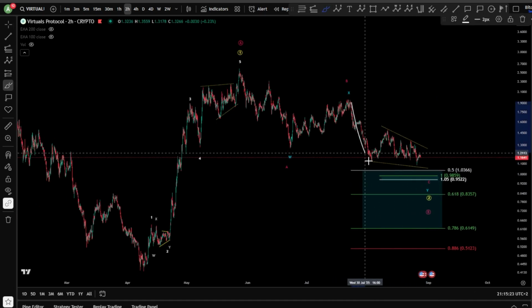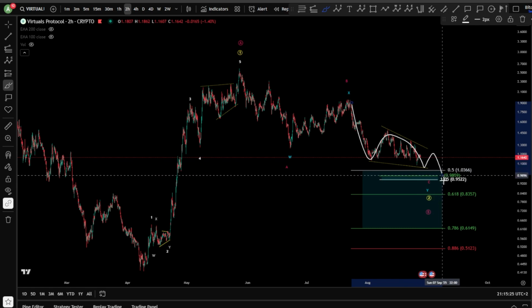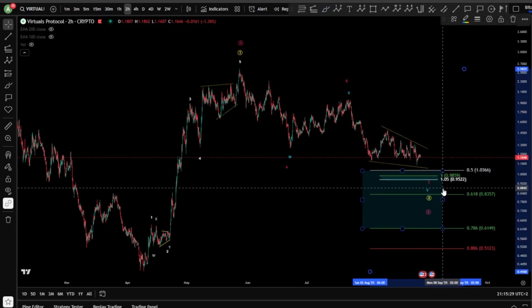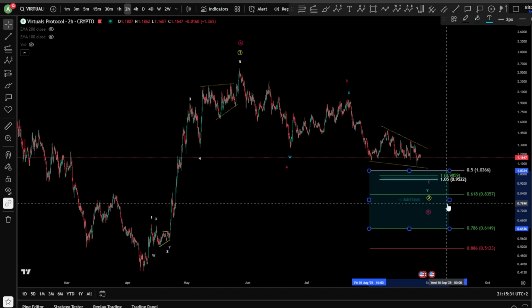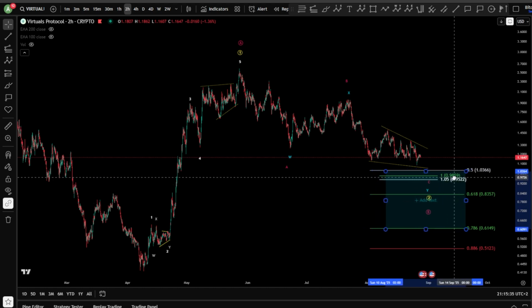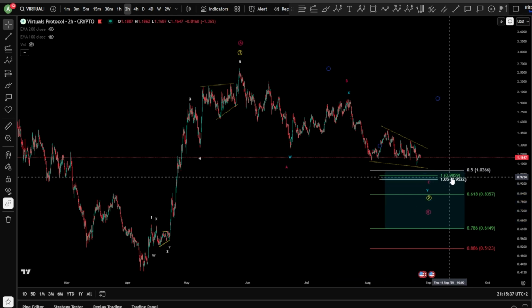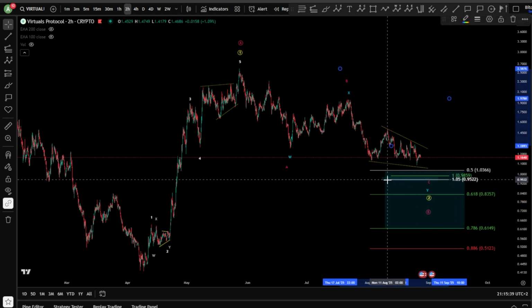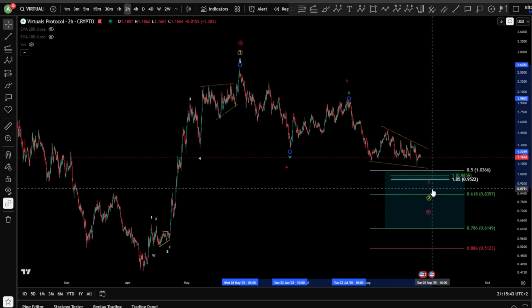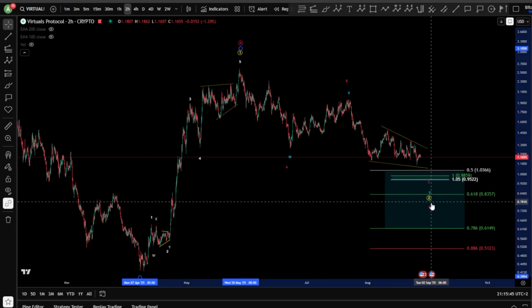So this might be an ending diagonal here, unfolding 1, 2, 3, 4, 5. The more precise and accurate target would be the 1-to-1 fib level at 0.98 here for a wave C, to finish as well the wave 2 or the wave B. Yep, so these are the possibilities right here.